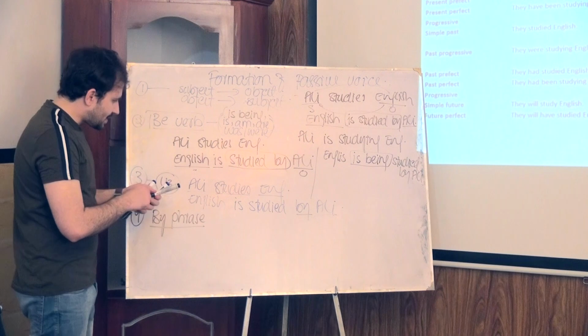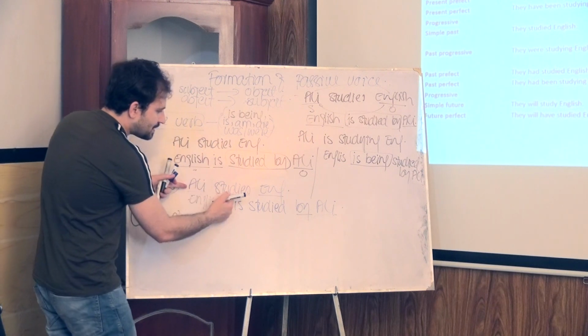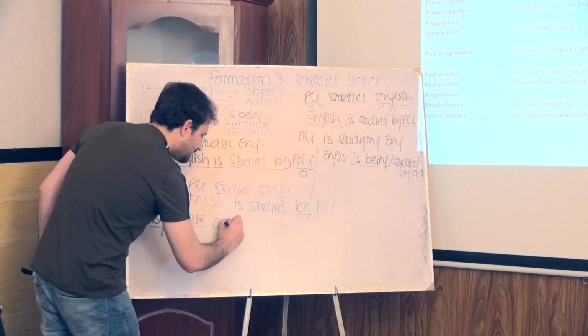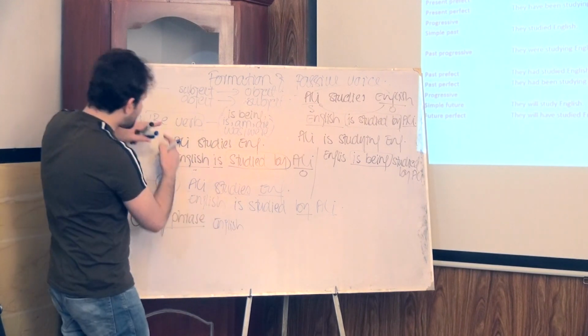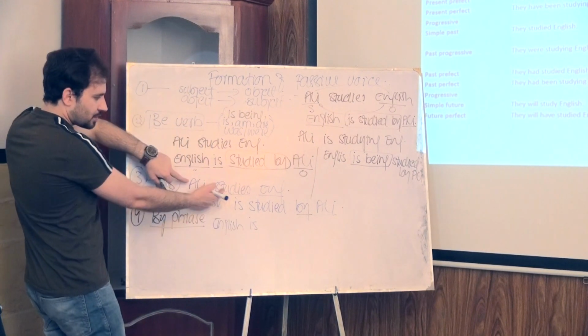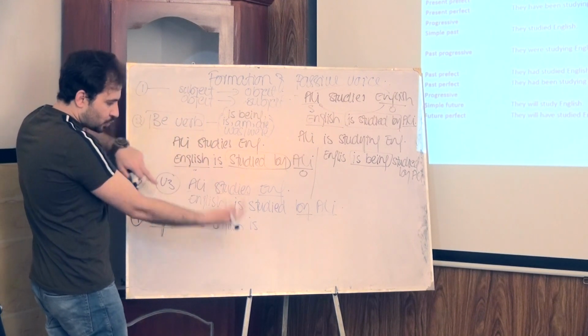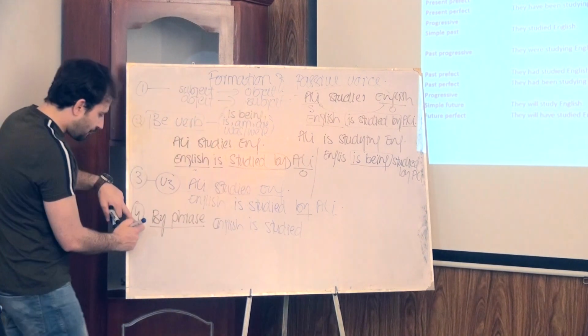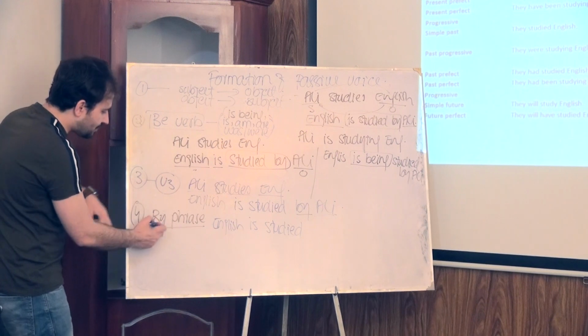Now, for example, the same example, Ali studies English. First of all, I need to put object in the beginning, English. After this second stage, that is be word, I will put is. Third stage, first form will change into third form, it's studied. And the fourth stage, the fourth formation we have, that is called what?